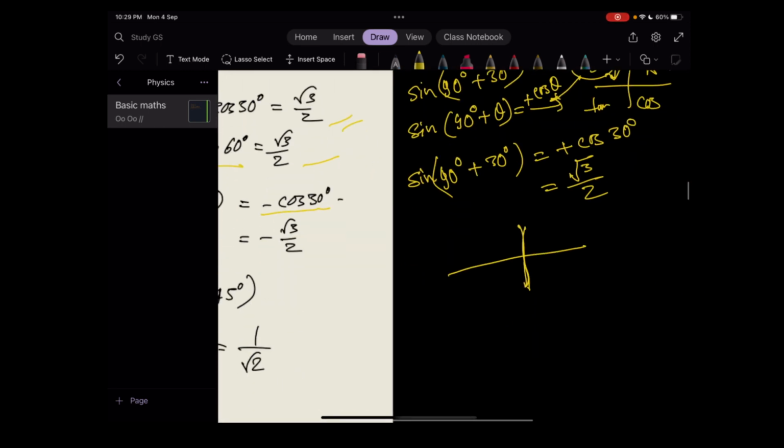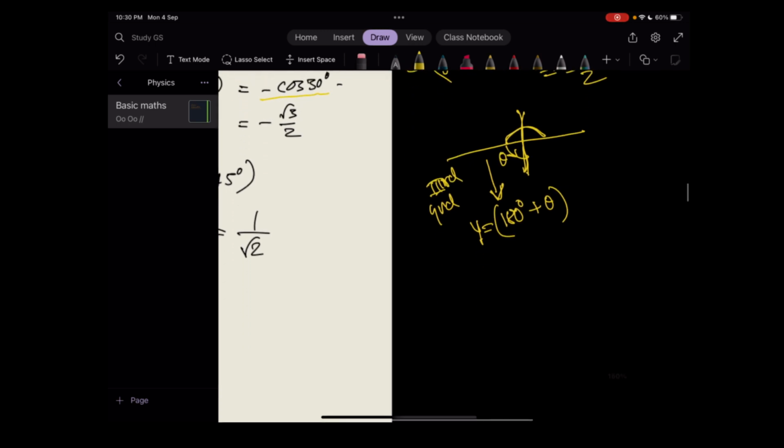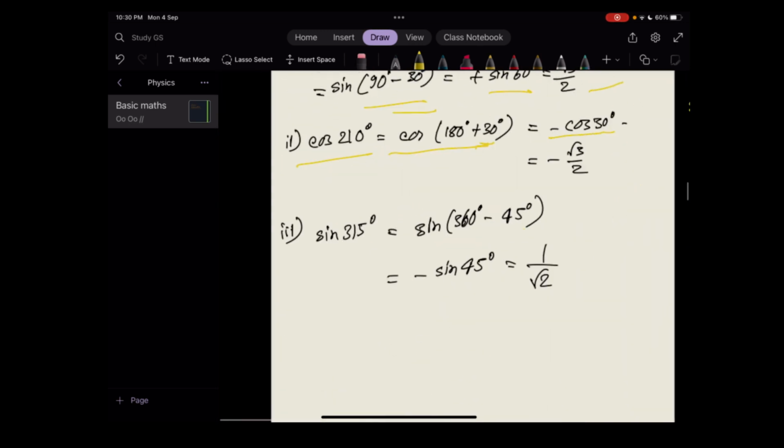So here it is in the third quadrant, where I have y equal to 180 degree plus theta. So here I have cos 210 degree.